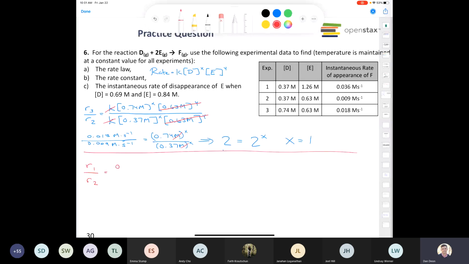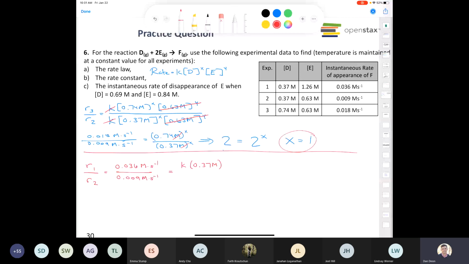That's going to be equal to 0.036 moles per liter per second divided by 0.009 moles per liter per second is equal to K times, I'm just going to use rounded brackets because square ones are just so hard to do, times 0.37 to the X.